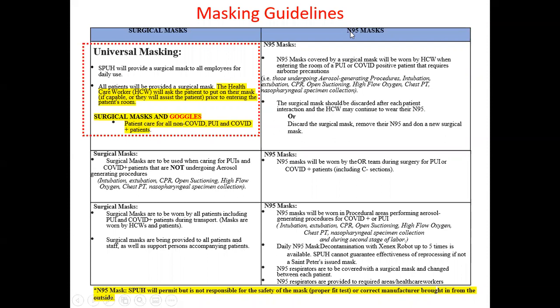When are we supposed to wear N95 masks? N95 masks covered with surgical masks will be worn by staff entering the room of a COVID positive patient that requires airborne precautions. So you can wear both N95 and surgical masks to prevent airborne spread. It is airborne precautions and standard precautions both.